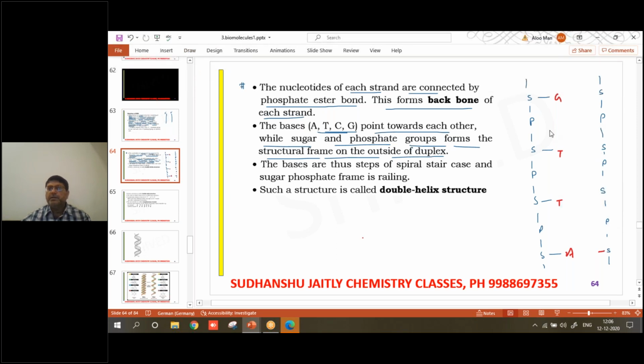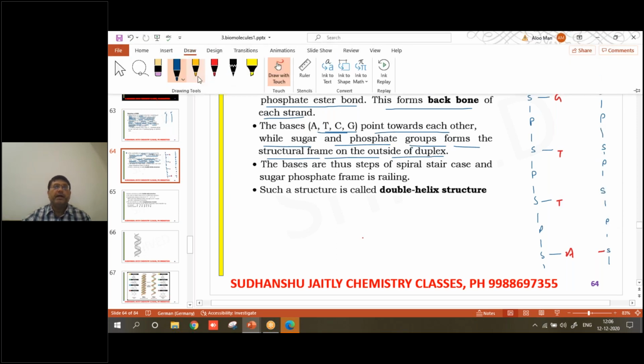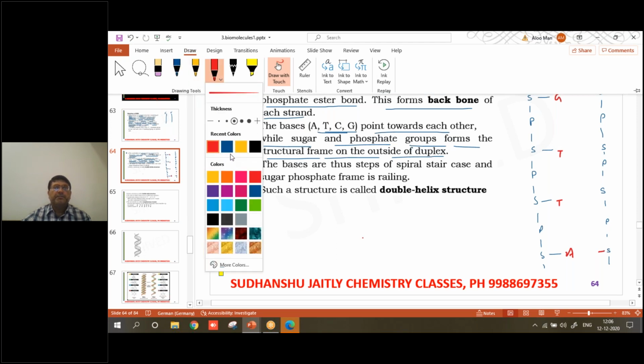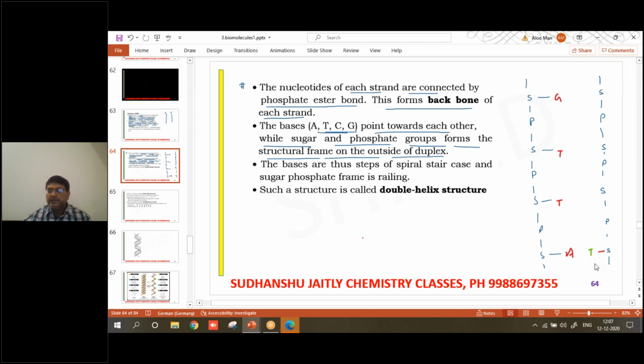Now it's correct. Now what will happen is, on the opposite side, where there is A here, T will come, where there is T, A will come, where there is G, C will come. They will hold each other by hydrogen bonding.